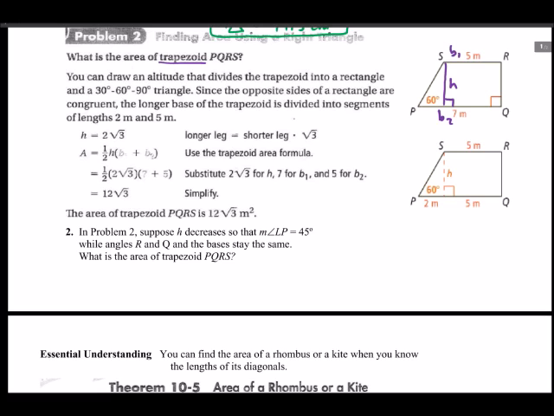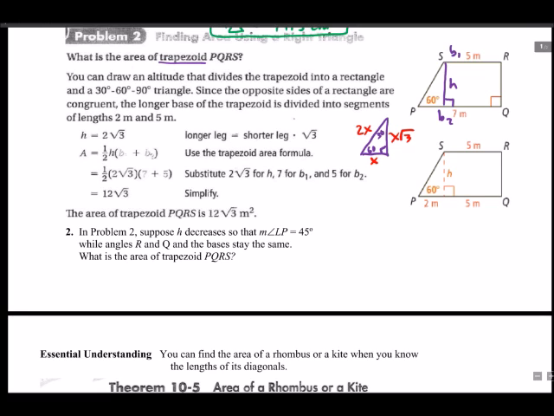I see a special right triangle. There's a right angle. That measures 60. That means that's 30. That means we've got x, 2x on the hypotenuse, x root 3 on the long side.